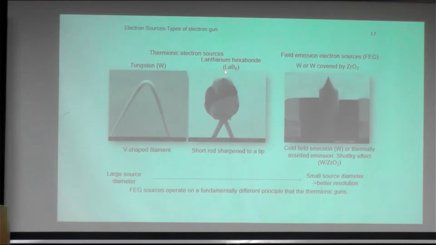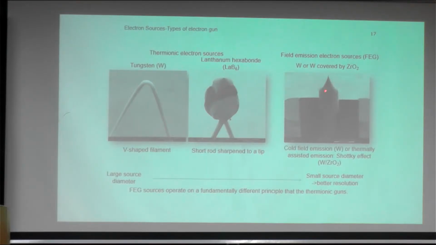Here, LaB6, lanthanum hexaboride, is a short rod sharpened to a tip. Actually, it's attached to this filament. Here, this is the LaB6 cathode. And for the field emission gun, we use either tungsten or tungsten covered by zirconium dioxide.